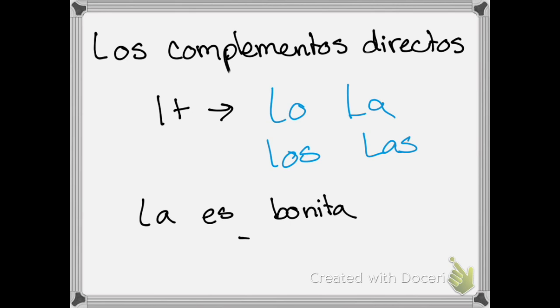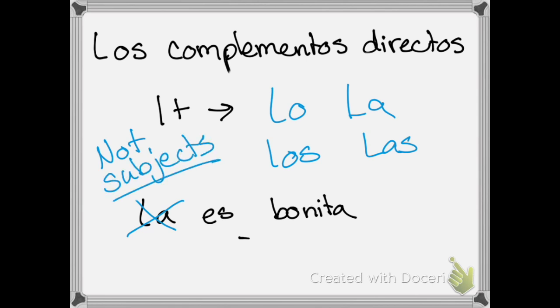Because remember in Spanish that my subject is always combined with my verb, which makes it optional. So we would never say la es bonita because la is a direct object pronoun. So it's not a subject. Direct object pronouns are not subjects. They are direct objects, right? So we can't use them as a subject.